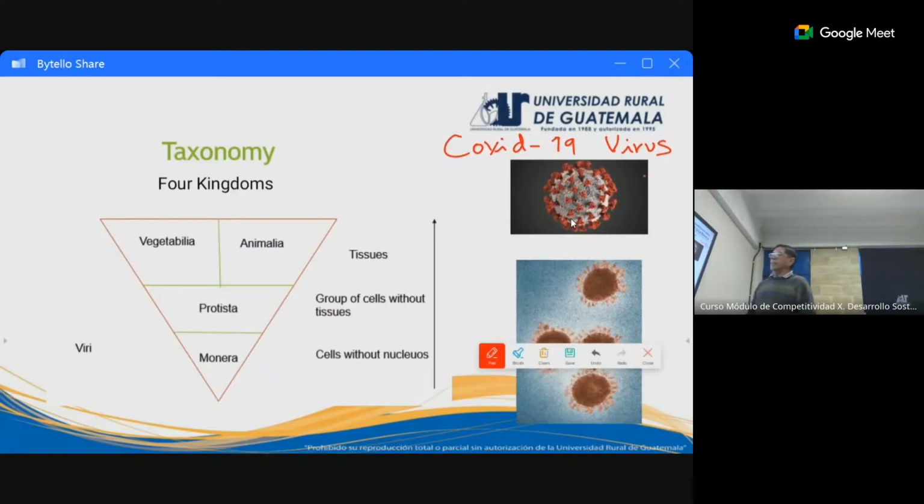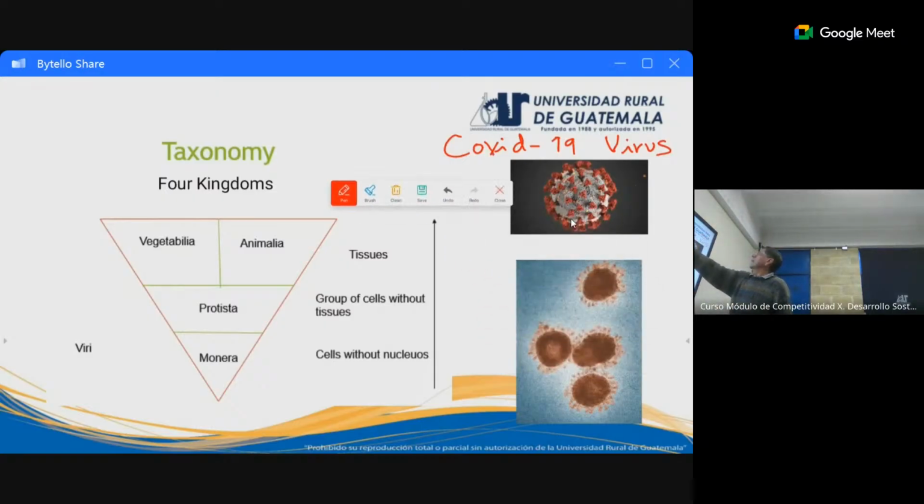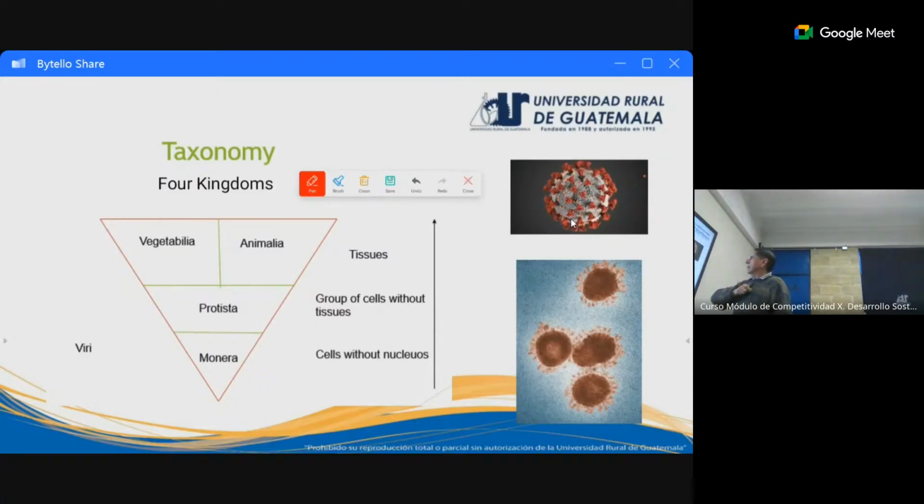If you remember the pandemic, this virus was dangerous because during the pandemic, like half a million of the population around the world died because of this virus. Let's go ahead.